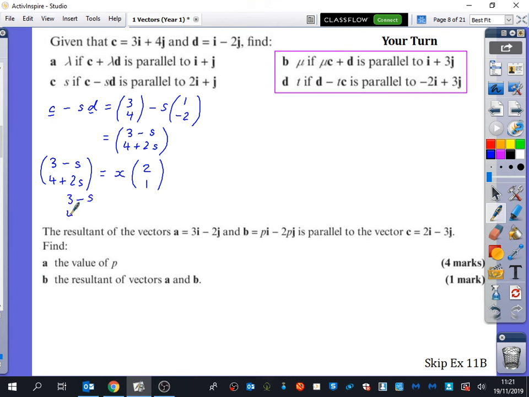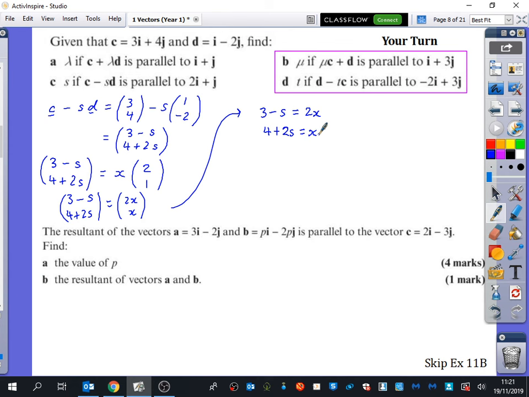We get 3 minus s, 4 plus 2s is equal to 2x, x. What did we then extract from that next? Yep, so the i parts we said were equal. 3 minus s is 2x, and we also get that 4 plus 2s is equal to x.